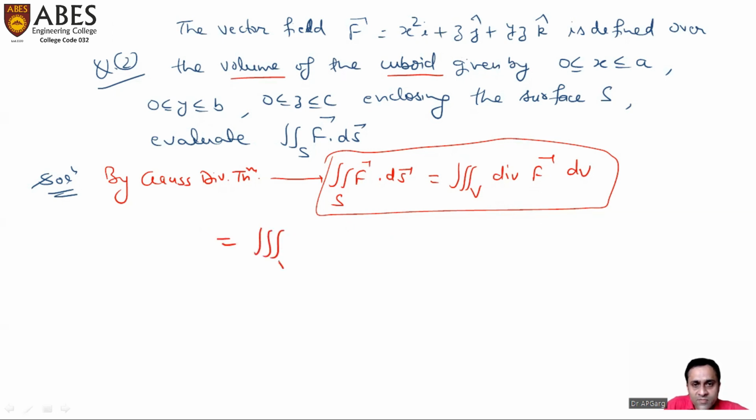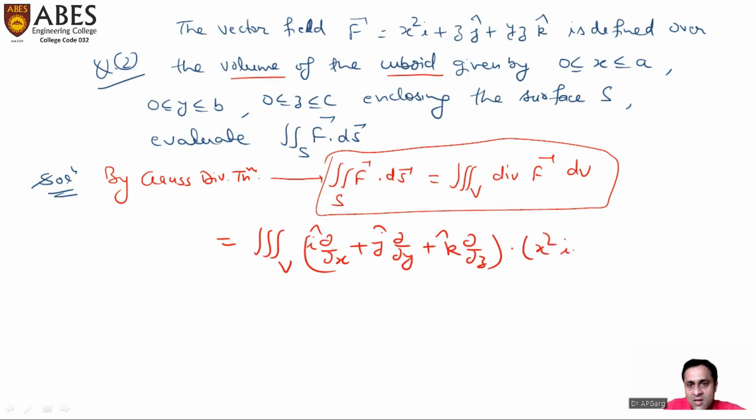Triple integral over the region V. Divergence is obviously i del upon del x plus j del upon del y plus k del upon del z, where i, j, k are unit vectors along x, y, z, and f is given by x square i plus zj plus yz k. Correct. So let us solve this problem again.